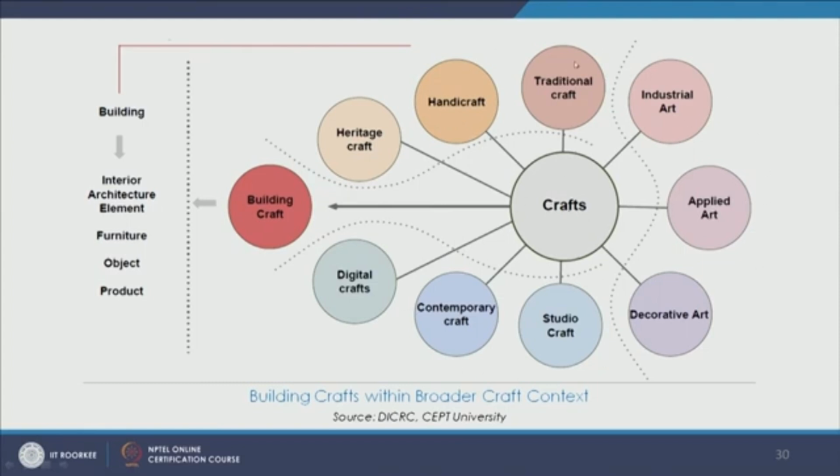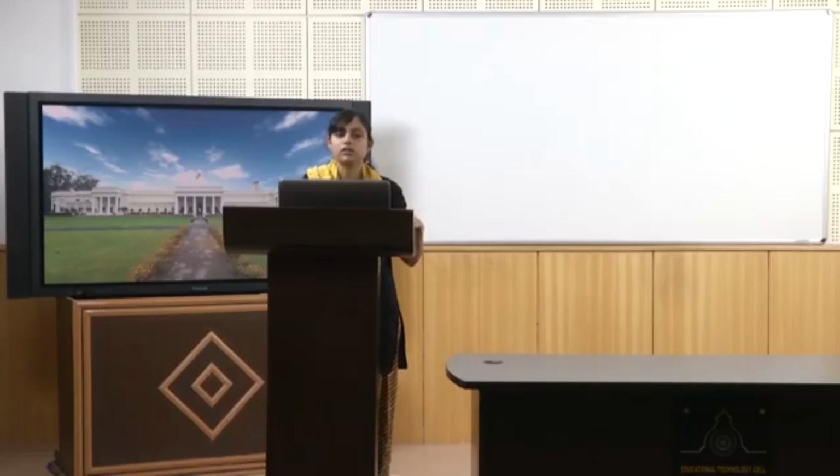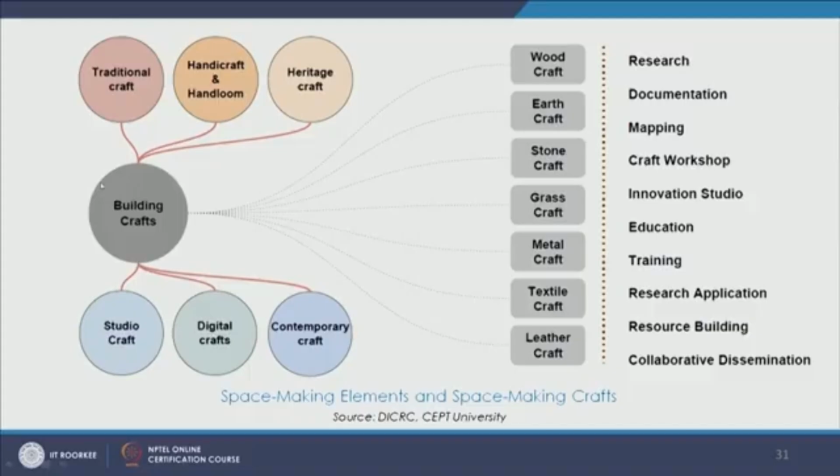All these that we see over here contribute to the larger context of this sector of craft, and building craft is just another one like the other contributory sectors, and this building craft is what contributes to interior architecture. And what we see in interior architecture, we relate to as space making craft or building craft, and that is what we have been discussing in this course and specifically in a few modules.